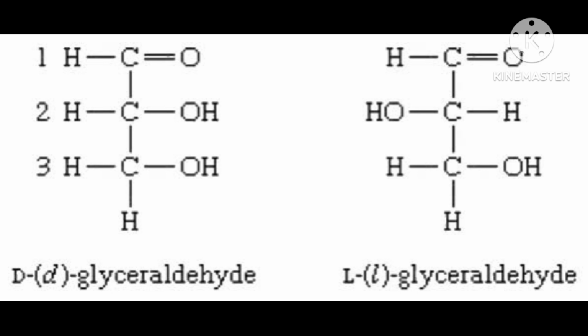D and L tell about configuration, not the direction of rotation. Direction is told by positive and negative: positive means dextrorotatory, you remember, and negative means laevorotatory. So plus and minus mean dextro and laevo, but capital D and capital L tell about the configuration.